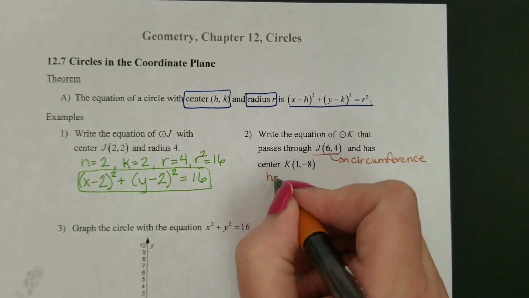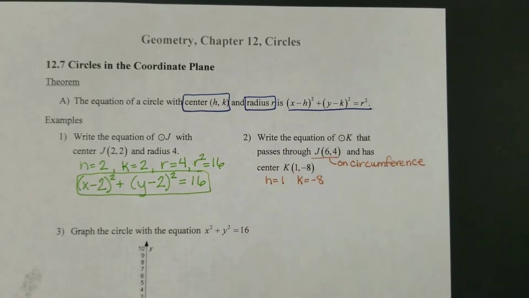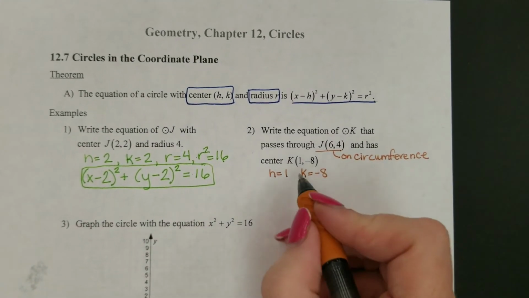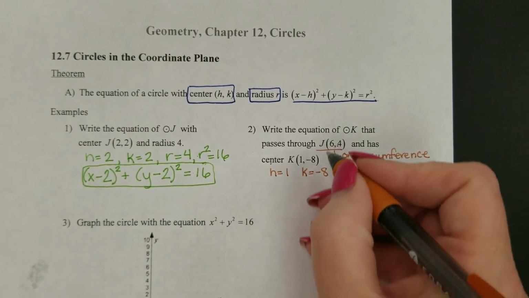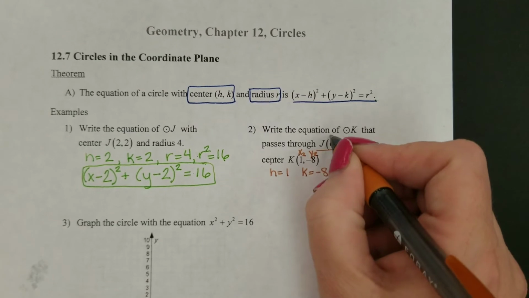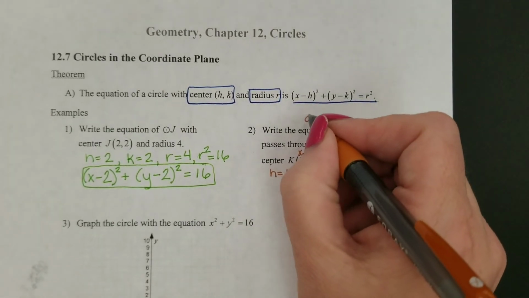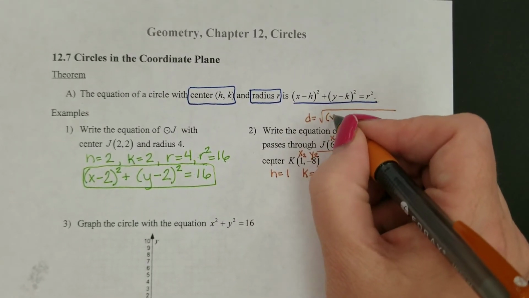So h is 1, k is negative 8. But it did not give me the radius. Now the radius is going to be the distance from the center to a point on the circumference. So if I make this x2, y2, and this one x1, y1, I can use that distance formula that we learned before.